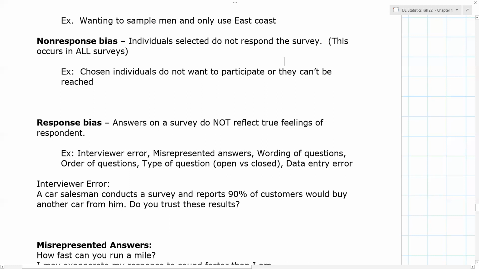So the order of your questions can be much more important than people typically think because of that priming effect. That priming effect can have a huge impact on answers, the way people think. If you ever read a book about negotiations or how to negotiate, that priming, also called anchoring, is incredibly impactful. If you ever start negotiating about buying a car or buying a house, anchoring is the first number that's given out.